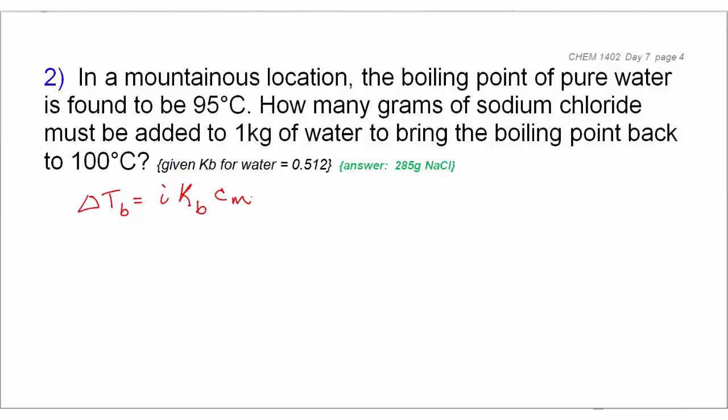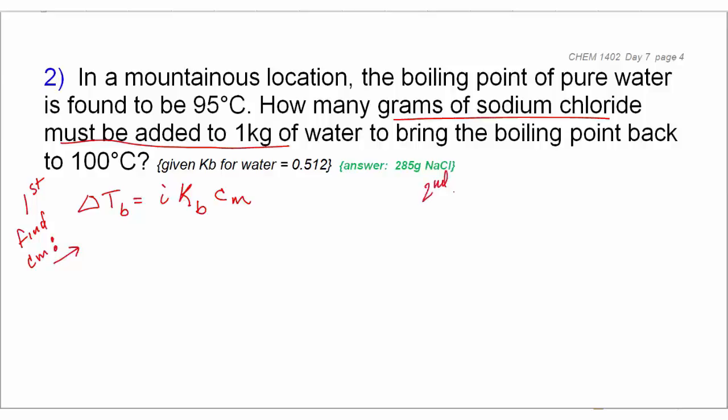Okay. So how many grams of sodium chloride must be added? This is going to be another two-part problem, right? Because first we're going to find Cm, using this equation.